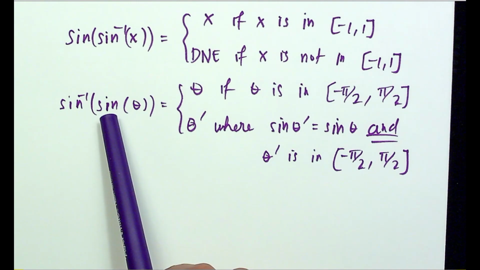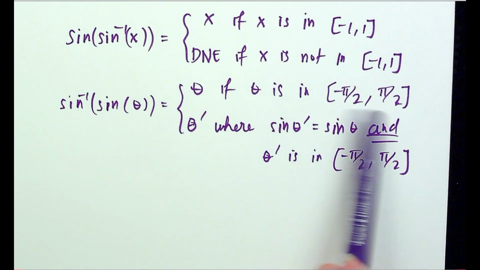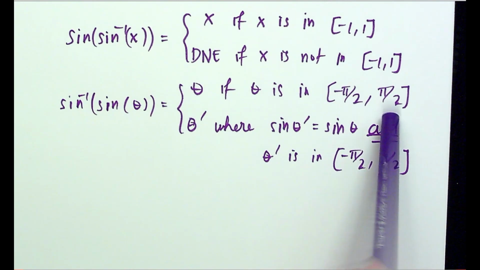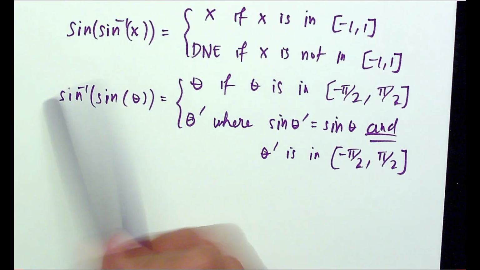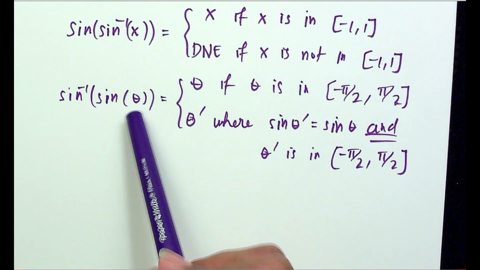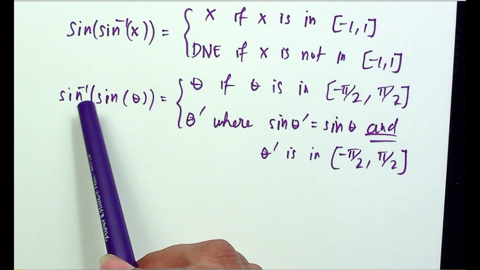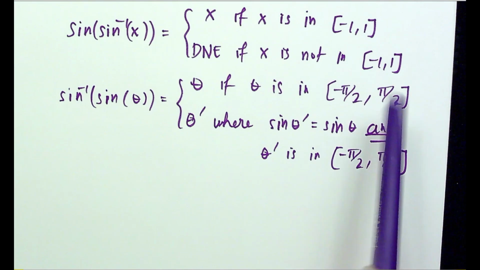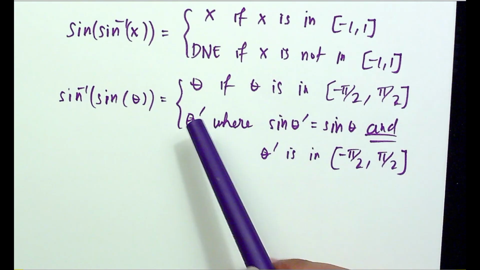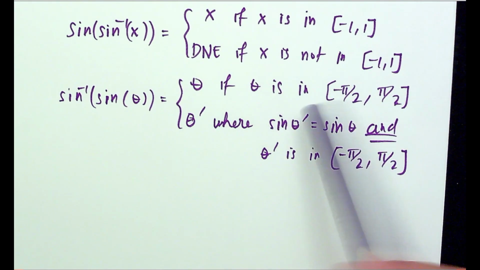And you have to memorize that for the sine inverse, the range is between -pi/2 and pi/2. So if the angle is between -pi/2 and pi/2, these will cancel each other out and you get back the original angle.